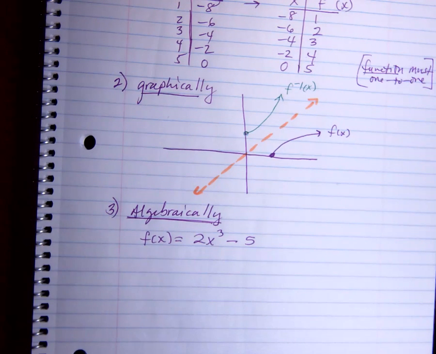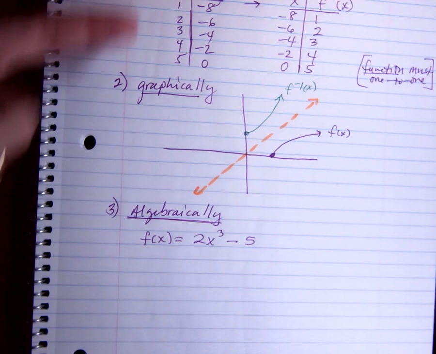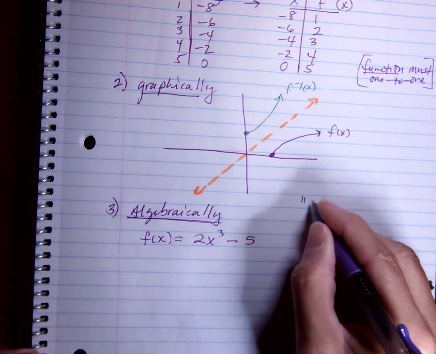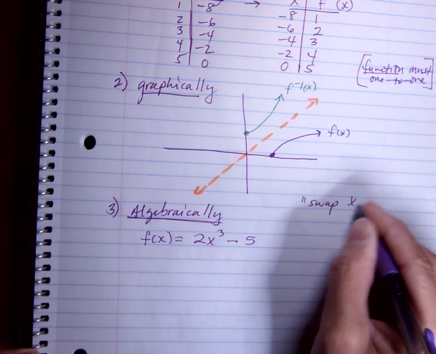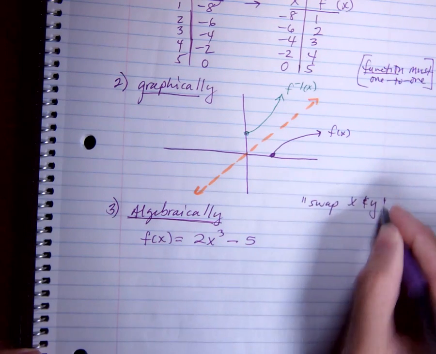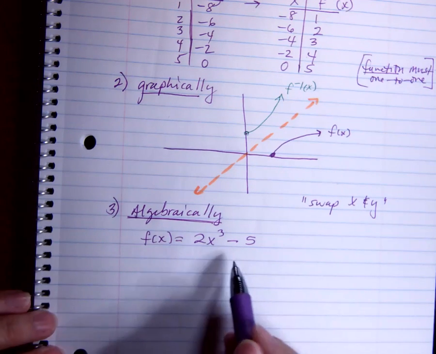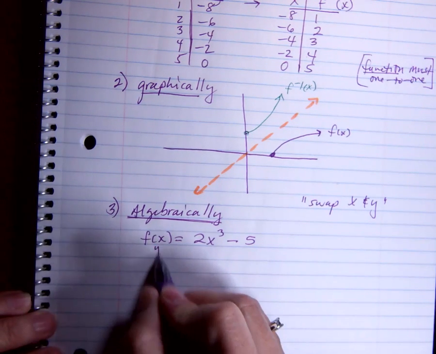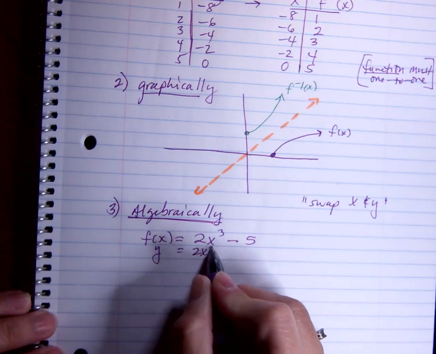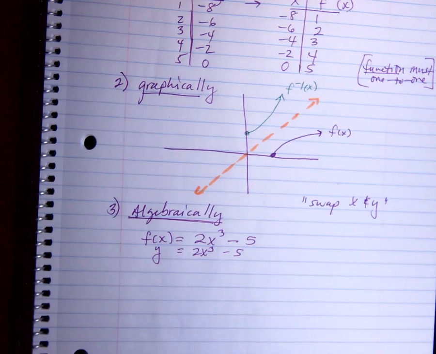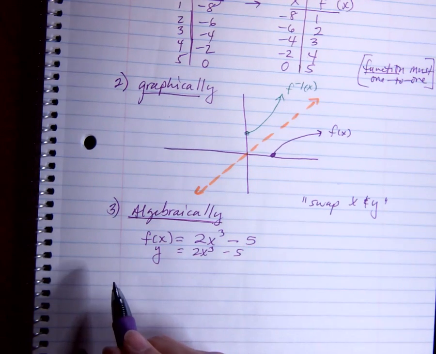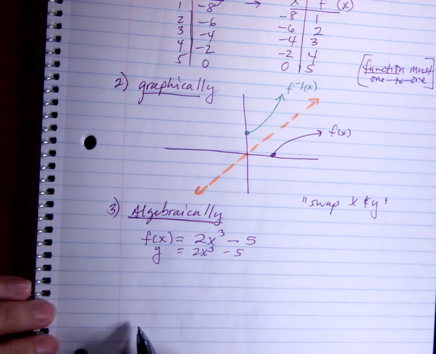So the easiest way to undo this function is to use the pattern that I'm pretty much using all along, and that is to swap x and y. So if we look at this first step here, this f of x is really y, so I'm just going to rewrite it that way. Now to find an inverse, then what I need to do is swap my x and y.